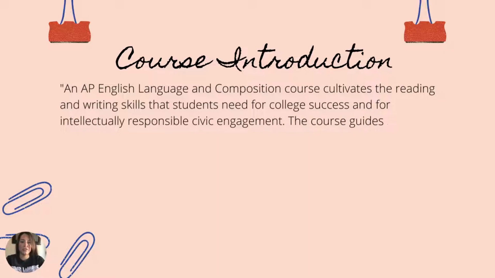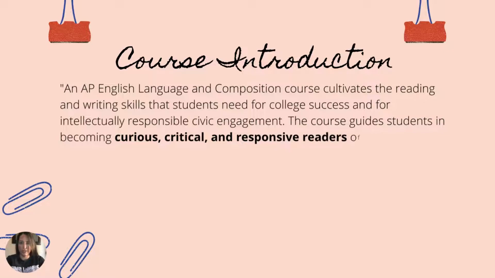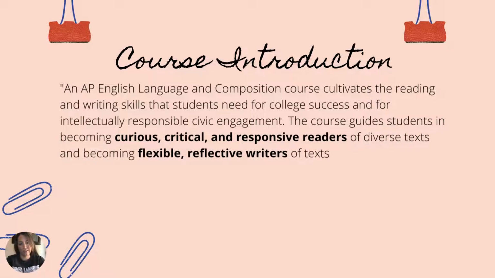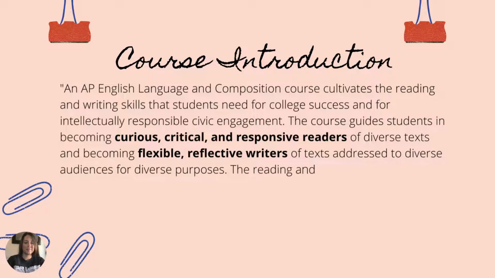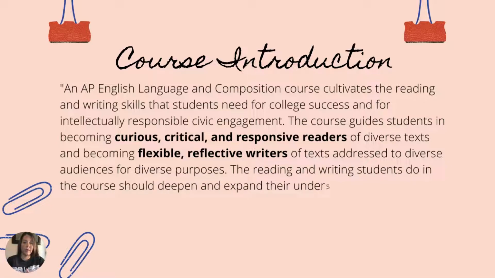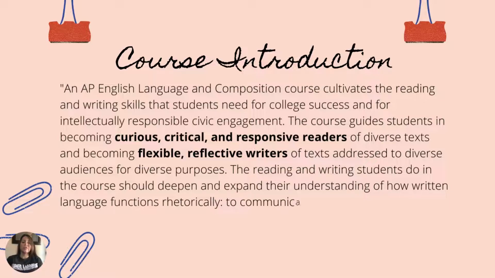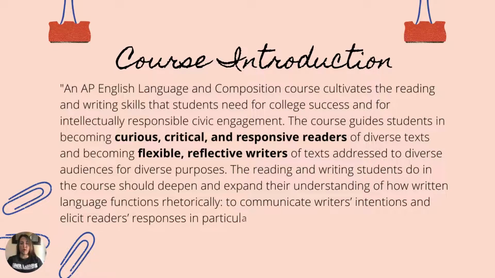The course guides students in becoming curious, critical, and responsive readers of diverse texts and becoming flexible, reflective writers of texts addressed to diverse audiences for diverse purposes. The reading and writing students do in the course should deepen and expand the understanding of how written language functions rhetorically to communicate writers' intentions and elicit readers' response in a particular situation.